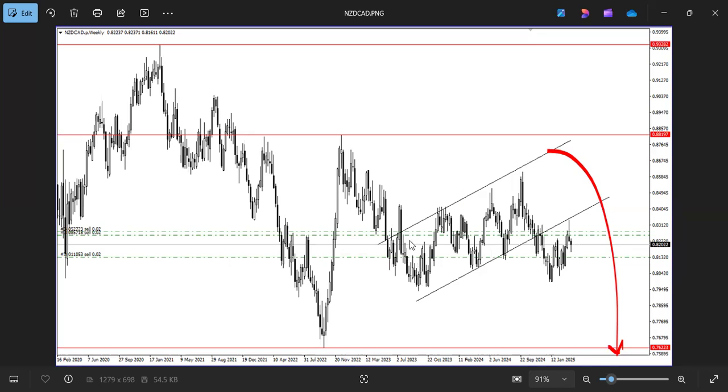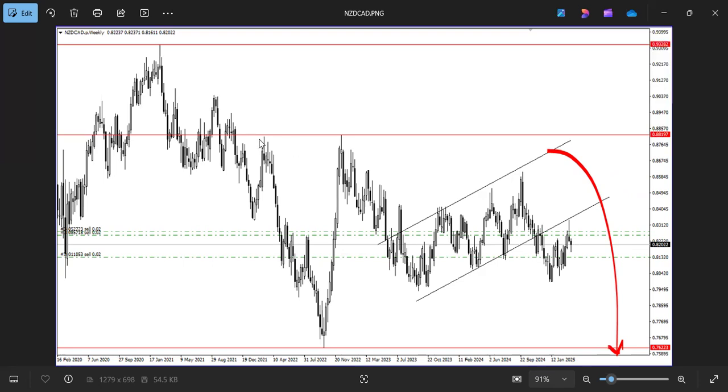Price kept bouncing up and down, but recently it was able to successfully break below the lower line of the equidistant channel pattern. So this is an indication that sellers are strong enough, and most likely we will see price continuing all the way into this key level and, if possible, breaking it to form a new lower low.